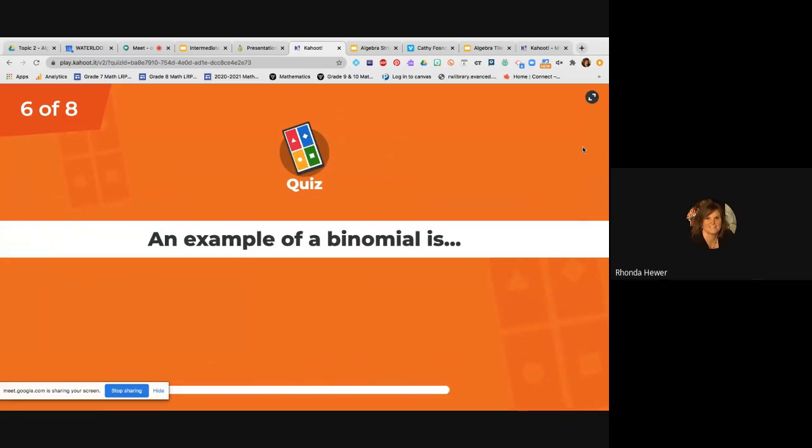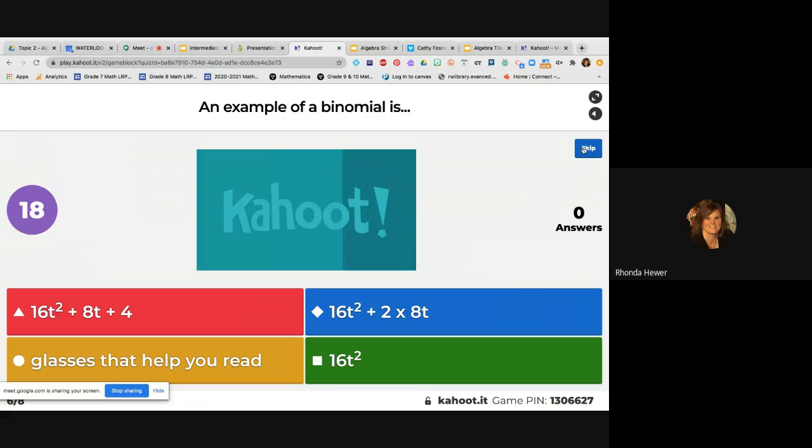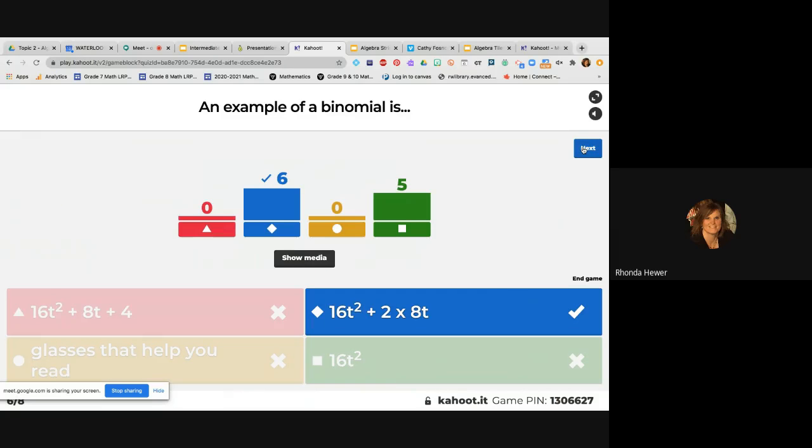An example of a binomial. See if you can piece that together now that you know what a monomial is. Excellent. A binomial is going to have 2 terms. A monomial has 1 term, binomial has 2 terms, and remember, terms are separated by addition or subtraction signs.